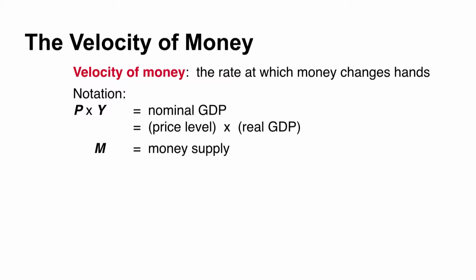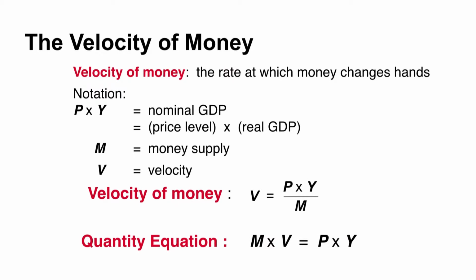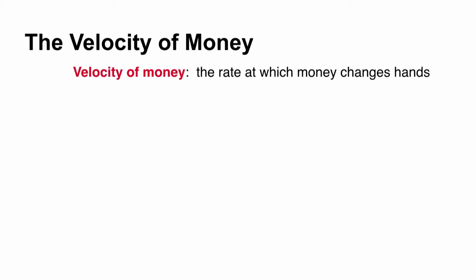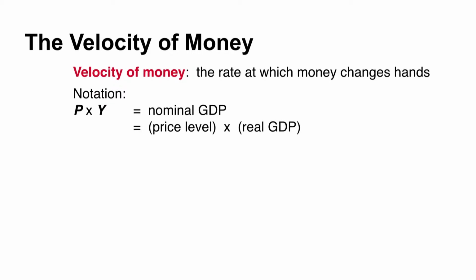So to understand this concept of monetary neutrality and the classical dichotomy, we have to take a look at what we call the velocity of money. The velocity of money is the rate at which money changes hands in our economy.